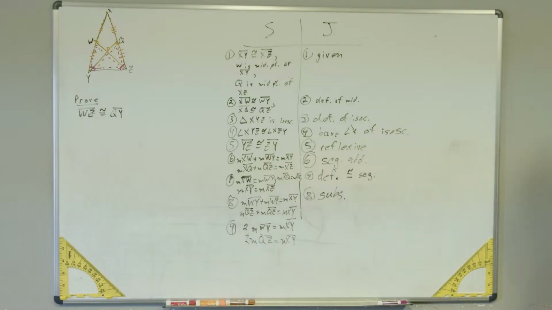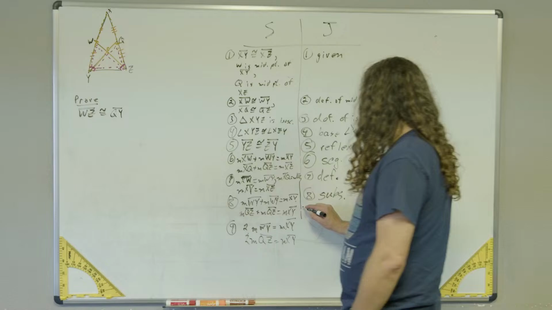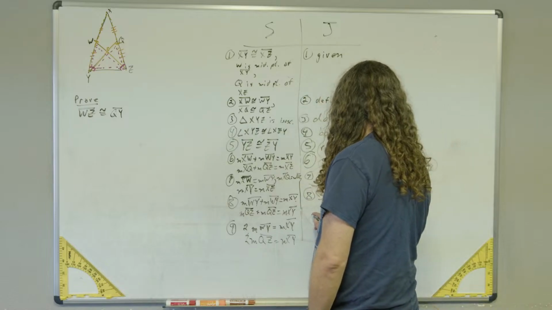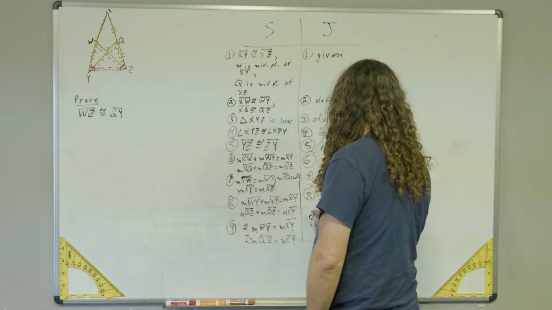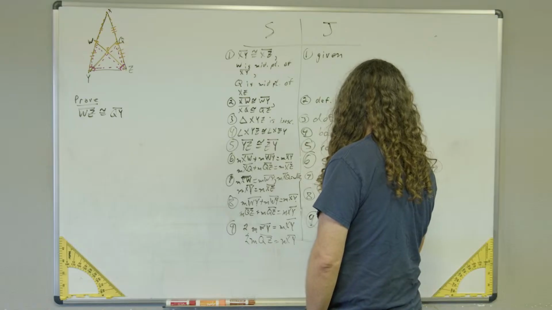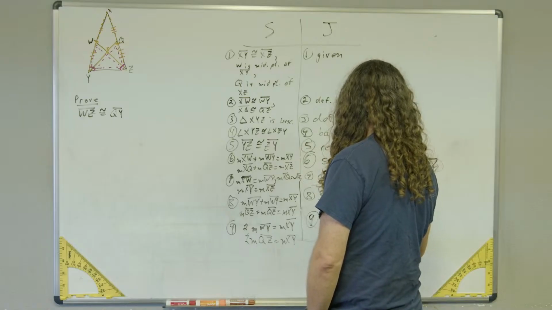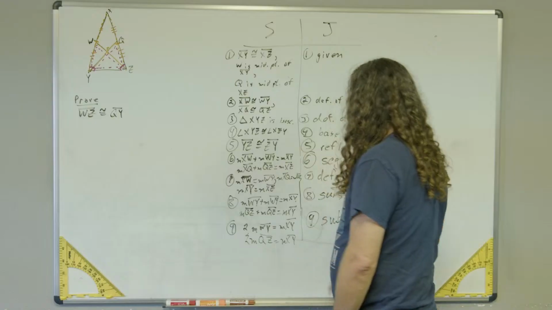What lets us do that? You could say substitution. You could also say combining like terms. I would accept that. That would be fine. In geometry, probably substitution is really the correct thing, but combining like terms would also be fine.